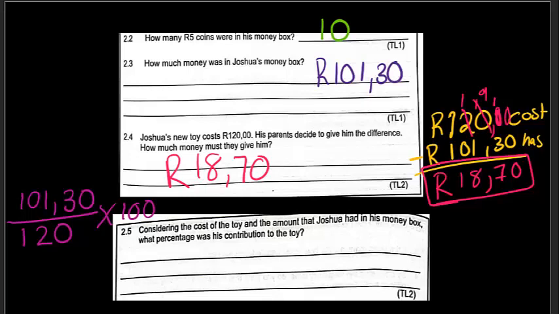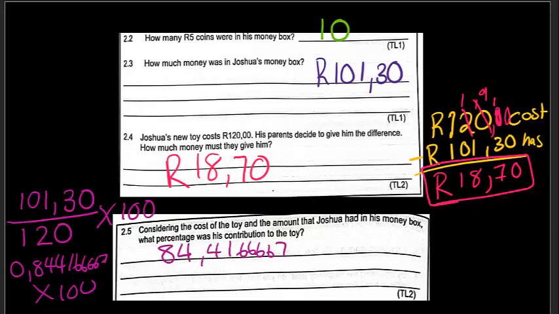We say 101.3 divided by 120. That gives us 0.844416667. And we multiply that by 100. So the answer is then going to be 84.4166667.